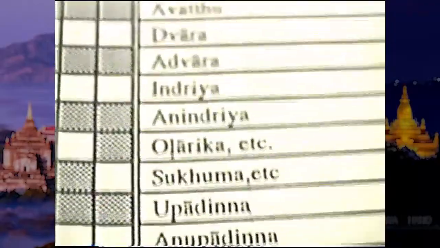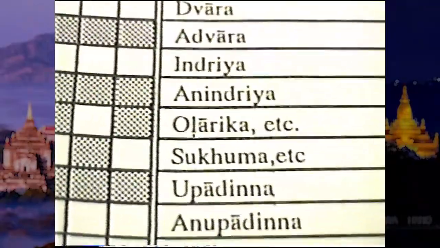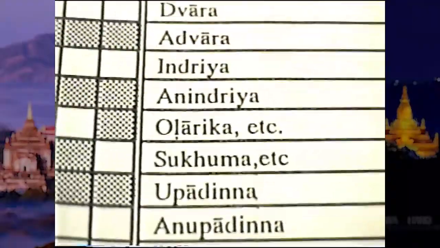So Pathavi, Tejo, Vayo, and then Chakhu, Sota, Ghana, Jihva, Kaya, Rupa, Sadda, Gandha, Rasa, actually Photthabba, altogether 12. So these are called gross, clear, and impinging, right? And the rest are called sukhuma. That means subtle, far, and non-impinging, right? So Abho, water element, is sukhuma.